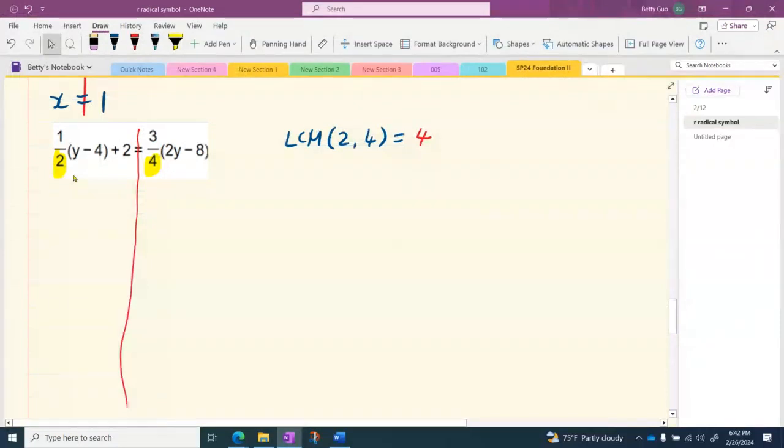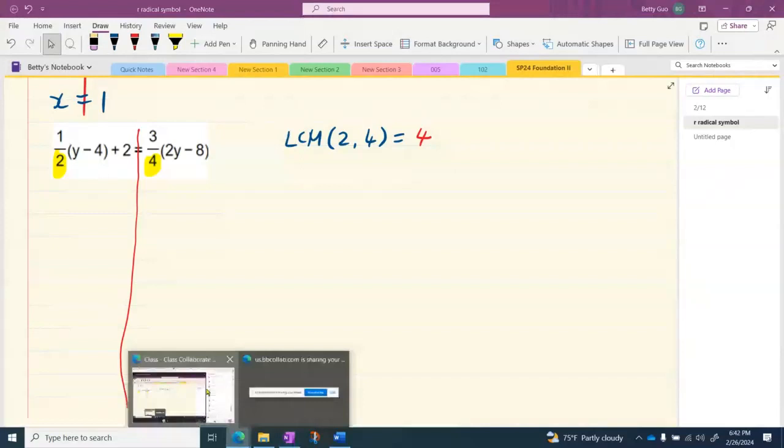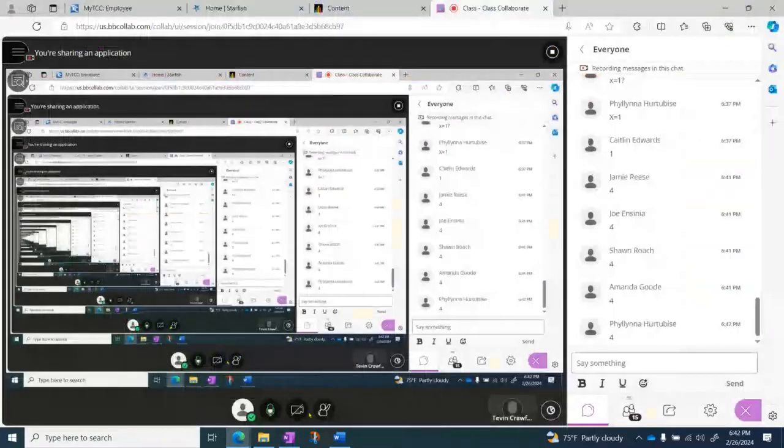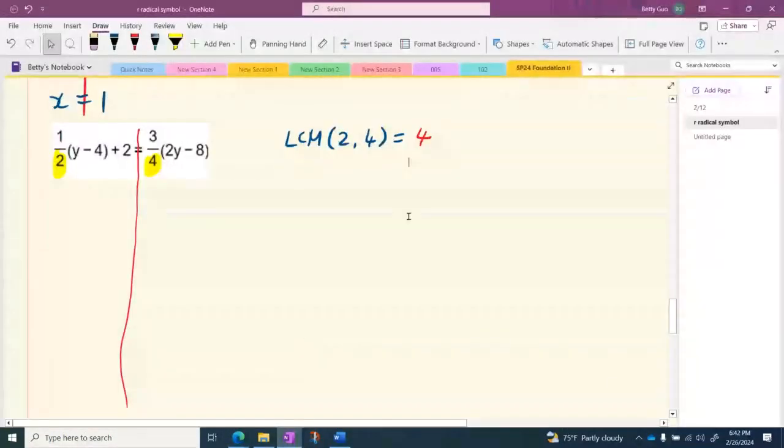The tricky thing is, on the left side, we actually have 3 terms, 2 of them in a group. On the right side, we also have terms in the same group. So the tricky thing is what part to multiply by 4. This is when you need to see the structure. Since the first 2 terms are a group, 1 over 2 times y minus 4, as a group we multiply this group by 4.